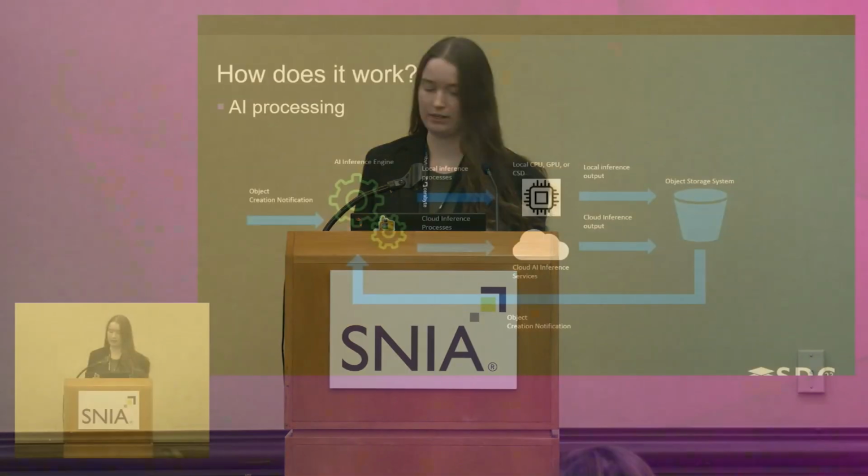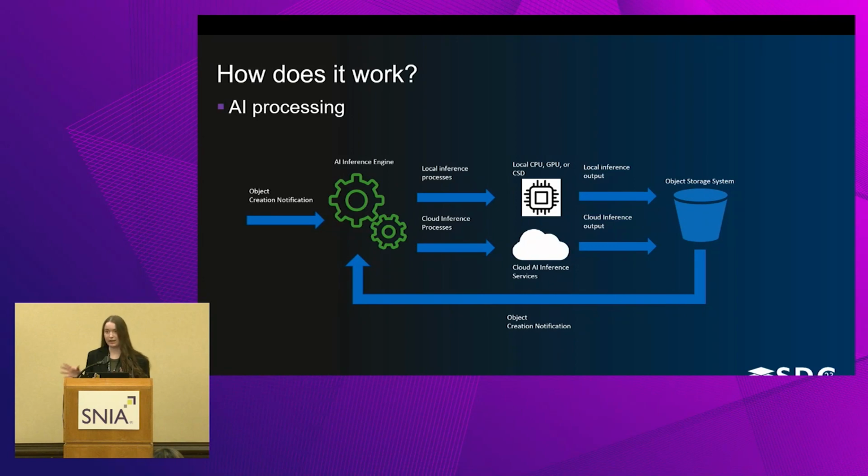An object event is created, and through webhook, the Flask server accepts that, and then it reads the request and it sees, oh, this is like a video file or a text file, and then based on whatever the file type is, it will start running through processes to inference, whether that's local or cloud inferencing. For example, we use Azure for OCR, and we also use OpenAI for audio transcription.